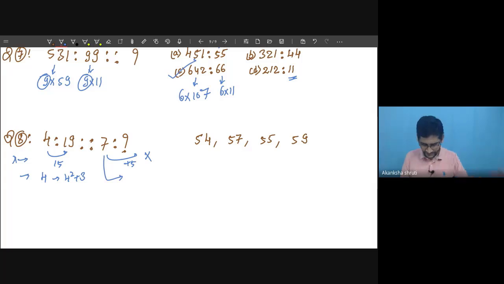Similar rule if we are applying, 7 square plus 3, then it is our 49 plus 3, 52, but 52 is not in option, so this also got rejected.